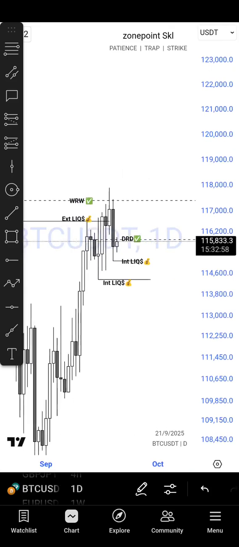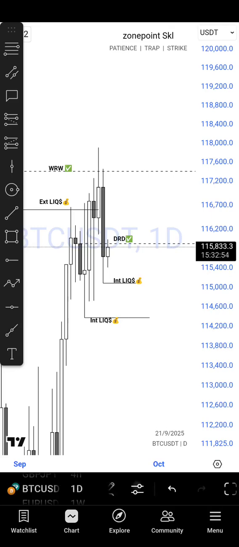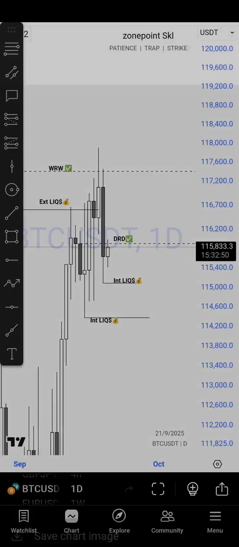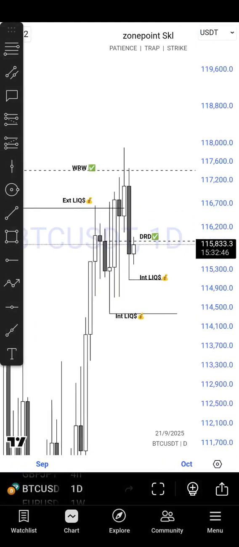So what do I want to do on my 4 hours now? Hope you guys are seeing the chart. I want to save this for reference purposes.